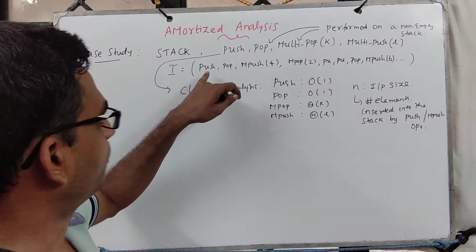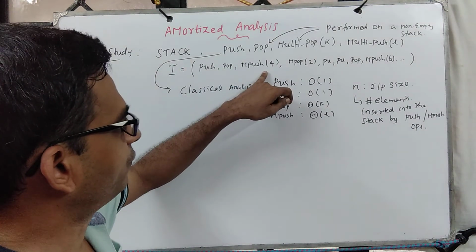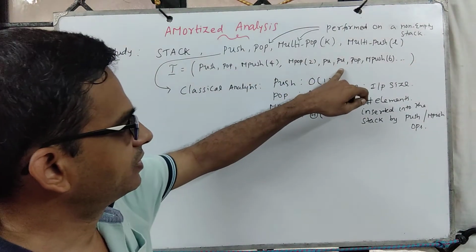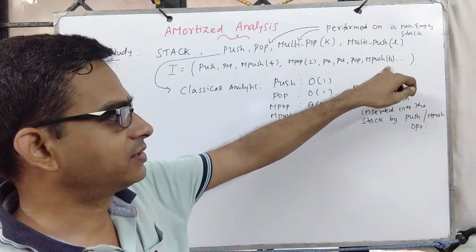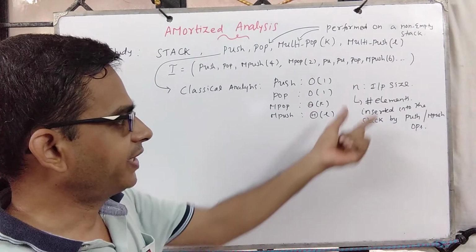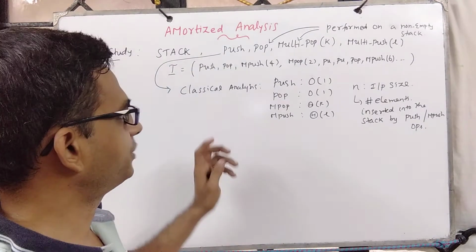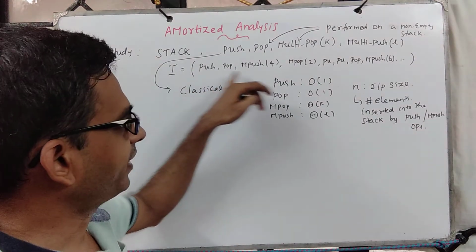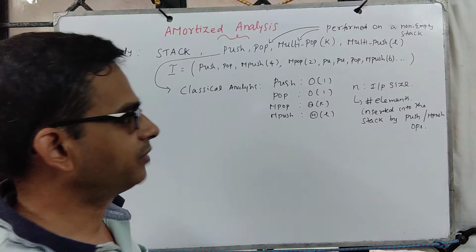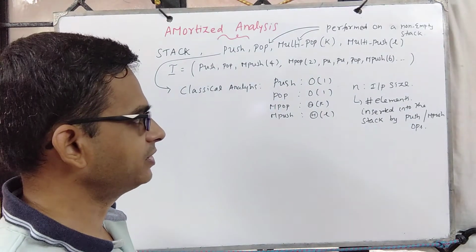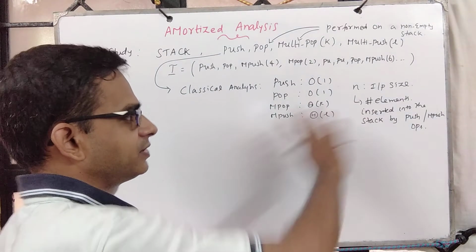Suppose you say push here 1 plus 4, 5, 6, 7 and plus 6, so 13. So N is precisely 13. So for a given input sequence, identify the contribution by push and multi-push operations, and we fix that as N.